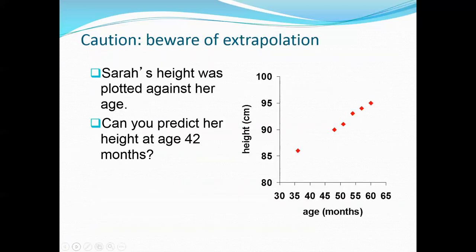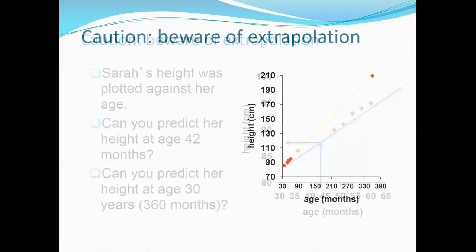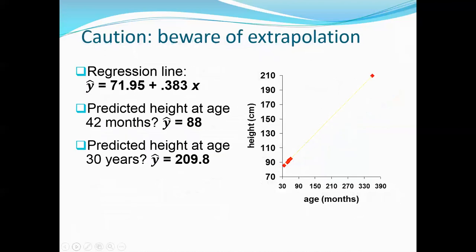So beware of extrapolation. Sarah's height was plotted against her age. Can you predict her height at 42 months? Yes, because it's in the range of data, right? We plot our least squares regression line and we find her height at 42 months. Can you predict her height at 30 years, 360 months? Not likely, right?